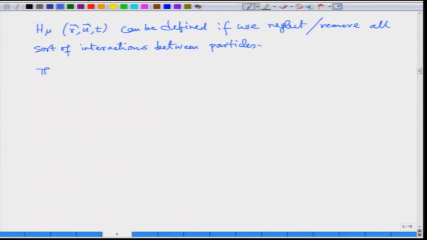The particle can move in an external field. For example, if you have a container of gas molecules, but they are not colliding with each other, they are not attracting or repelling each other, but the total container is put on earth. So, all of them are experiencing earth's force of gravity.